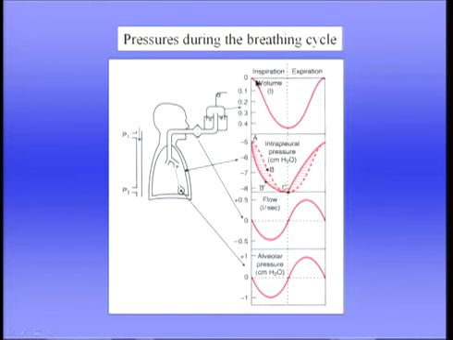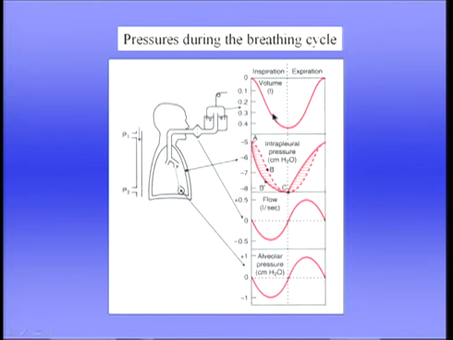Well, as you can see, flow is 0 at the beginning of inspiration, but with inspiratory flow, as the volume increases, flow increases, of course, and shown here. In fact, the flow is maximal here, and then at the end of inspiration, flow falls to 0. Then during expiration, flow increases initially, reaches a peak, then falls to 0 again.